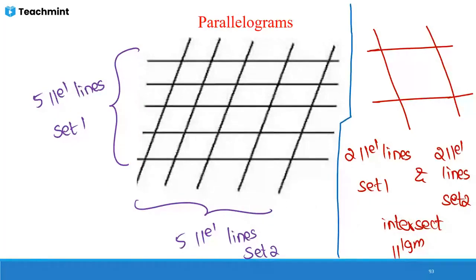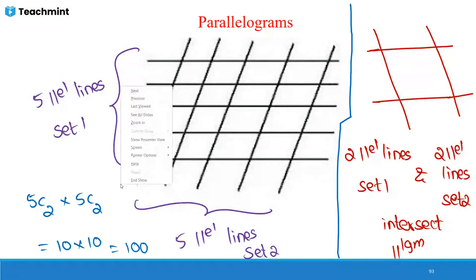Now, what should be the answer for this question? Excellent. 100. Good. 5C2 into 5C2, 10 into 10, 100.